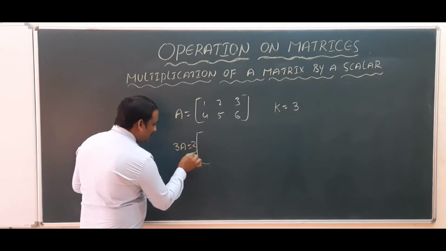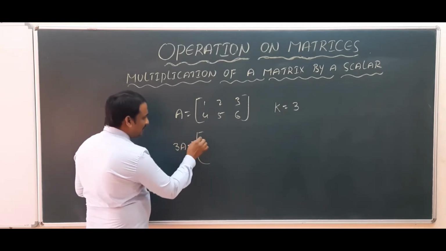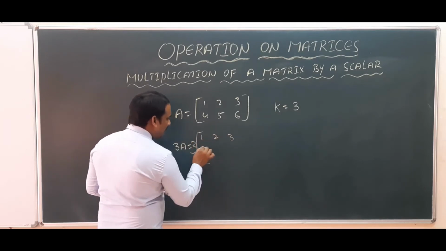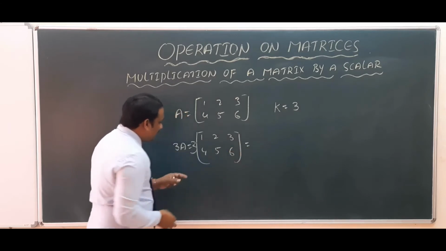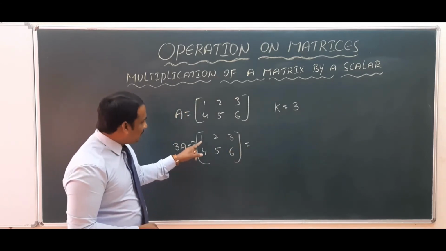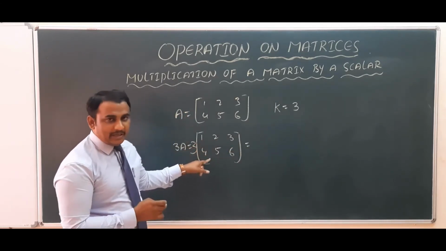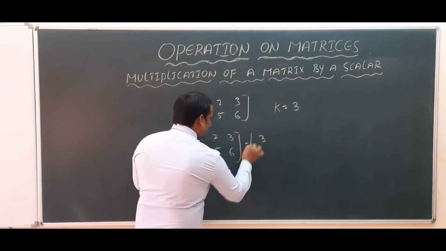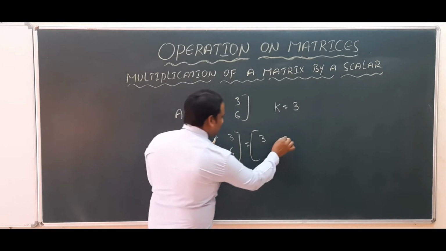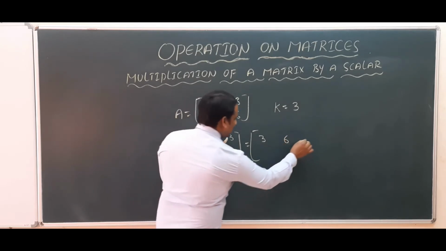Now 3 into this A matrix, 1 2 3 4 5 6. The scalar 3, you have to multiply with each element of the A matrix. Each element means 3 into 1 is 3. Next, 3 into 2 is 6, 3 into 3 is 9.